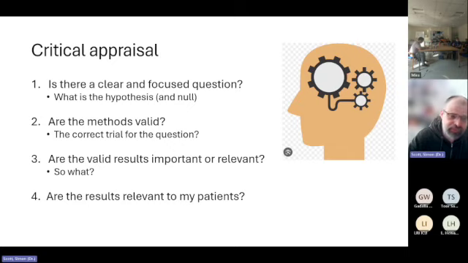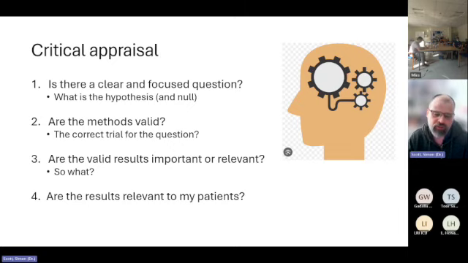And the final point is, are the results relevant to my patients? This was asked a lot, particularly with the prone trial, where people were proned lots. And then when we went to the COVID pandemic, everyone started proning. The trial was a really good trial, but prior to that, there had been a lot of single-center trials proning patients in teams that were really good at it and did it all the time.